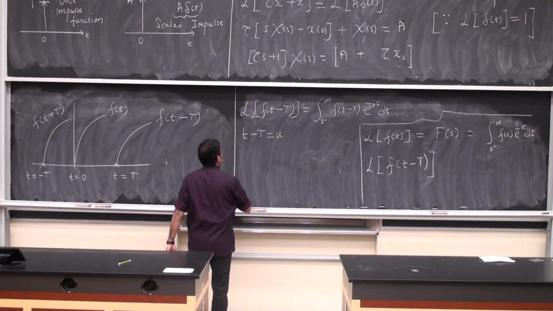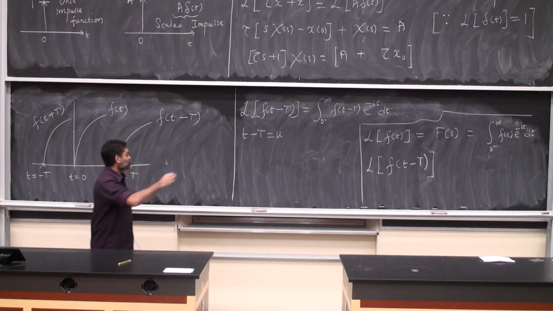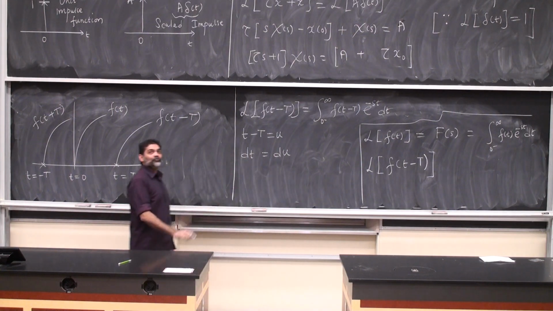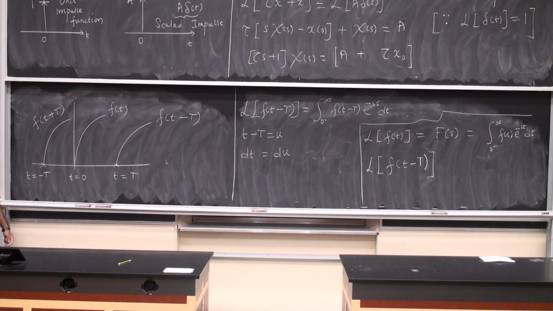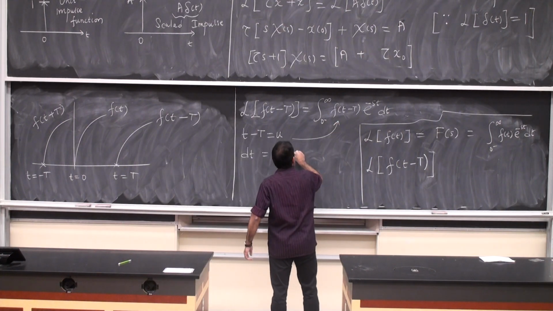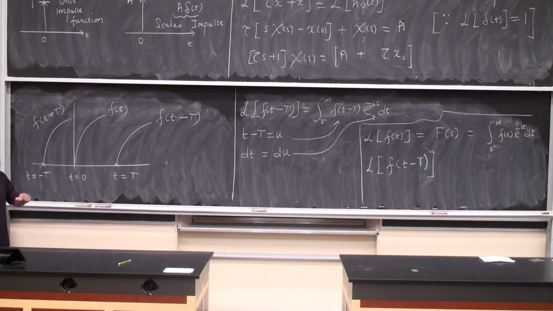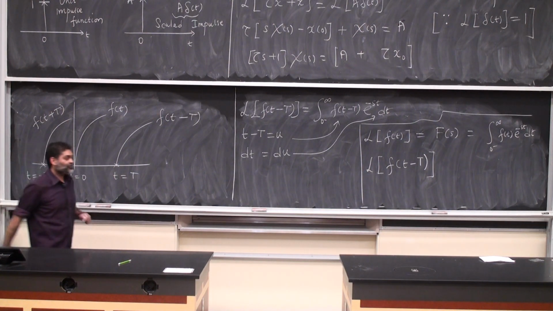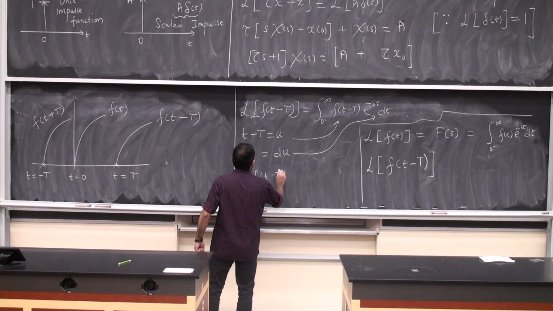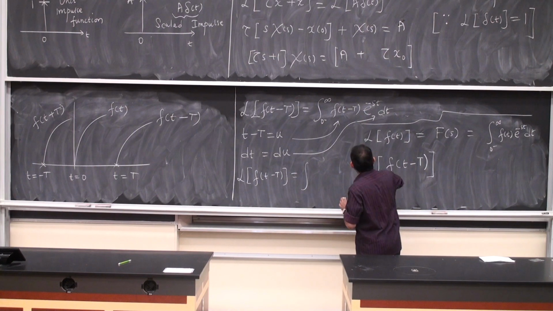So that if I then do the substitution, dt is equal to du. And if I do the substitution in here, wherever I have a little t, I'm just going to substitute it as u plus T. So this is now Laplace of f of t minus T becomes, I'm going to clear this.